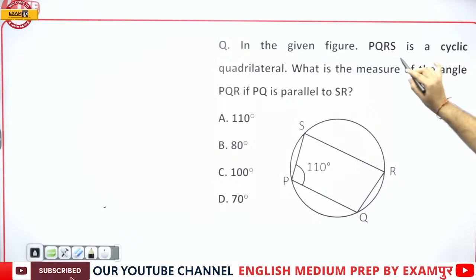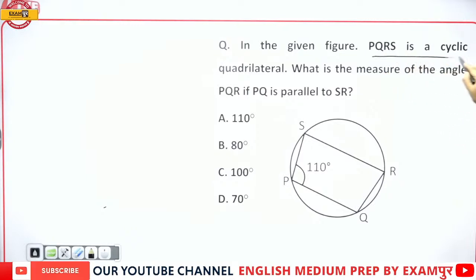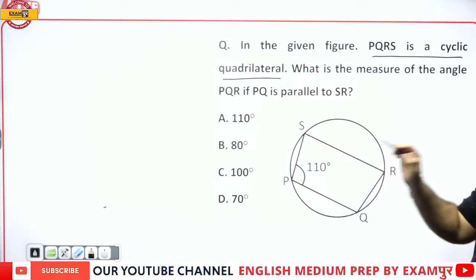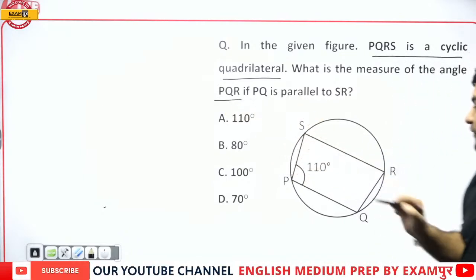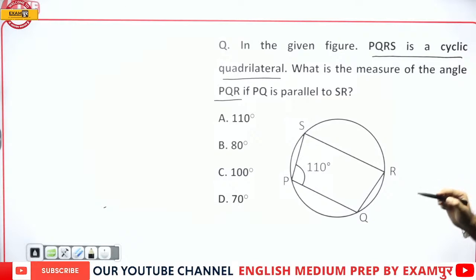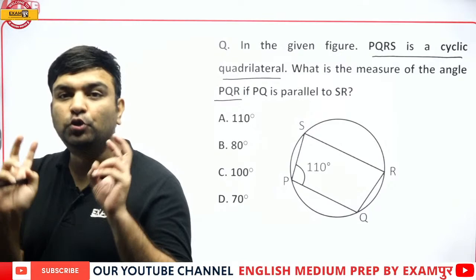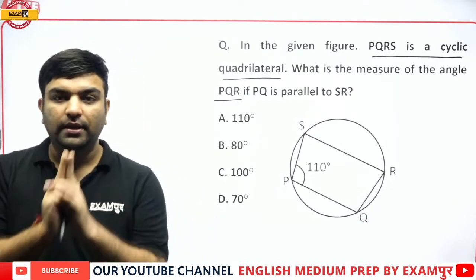In the given figure, PQRS is a cyclic quadrilateral. What is the measure of angle PQR if PQ is parallel to SR? Here two properties might get used.